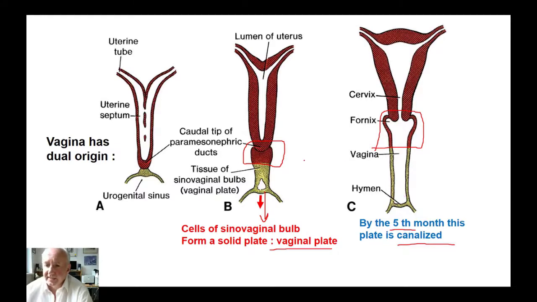So the vagina has two origins. A small part is from the tip of the Müllerian ducts, and the rest is from the so-called sinovaginal bulb, forming a vaginal plate. And you see how it's canalized around the 5th month.